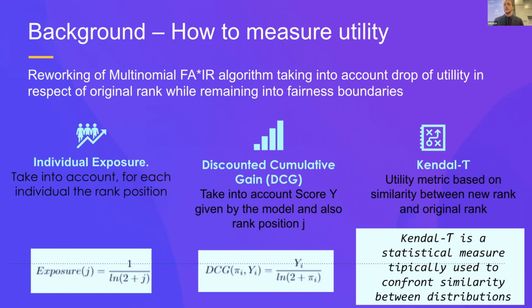Discounted cumulative gain is the score Y_i discounted by exposure, and Kendall tau can be thought of as a similarity metric between the original rank π and the new rank omega. Kendall tau is a statistical measure typically used to compare similarity between distributions.